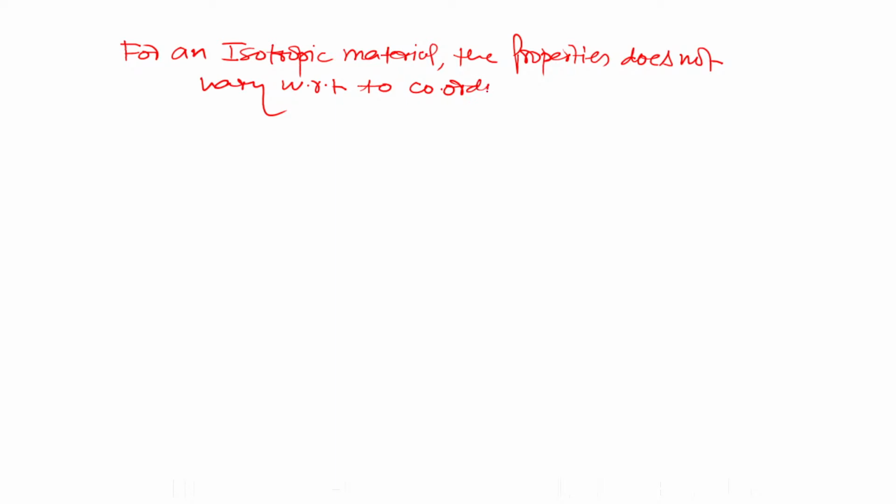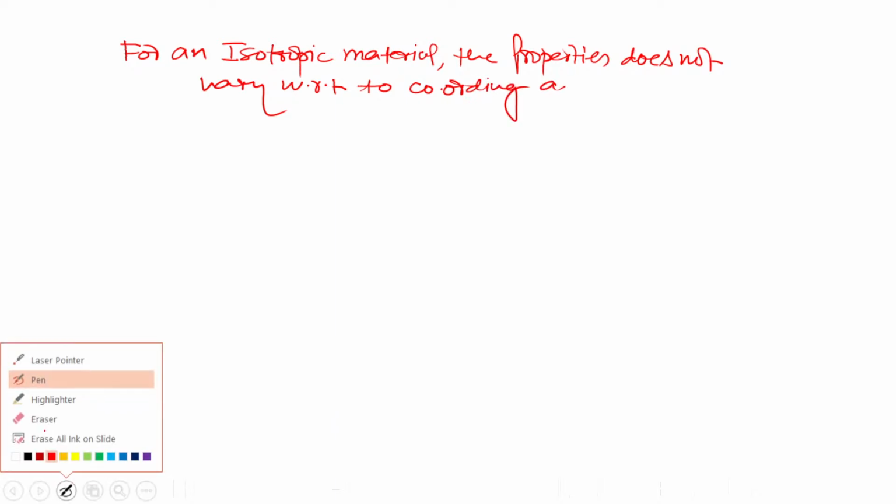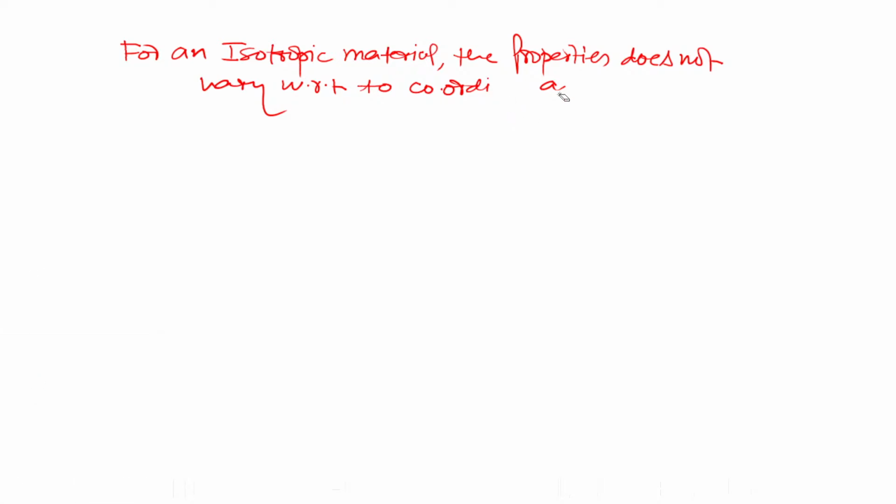You can also say, sorry, it means direction. So you must ask me what is isotropic material. In this case, the property I am going to bother about is thermal conductivity.